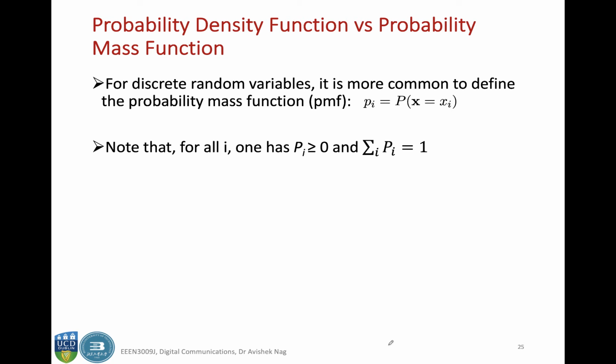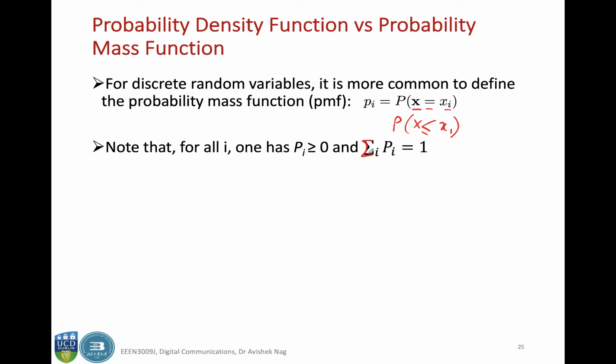Now in case of discrete random variables, you cannot define a probability density function. In that case you have to define a probability mass function. So note the difference here. In case of continuous random variables, you are defining probability of x less than or equal to x1. But in case of discrete, you can define it as x equal to x1, and instead of integration you use summation.